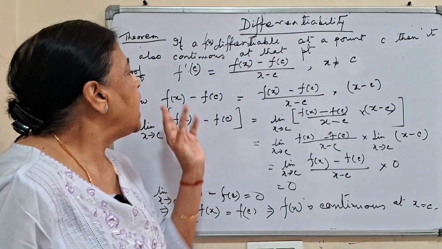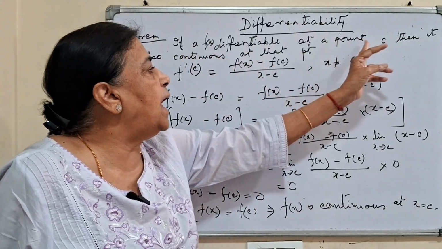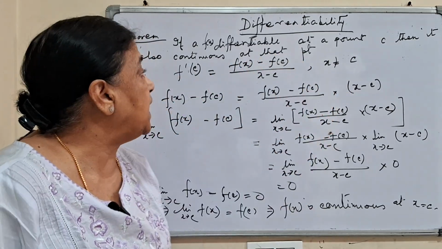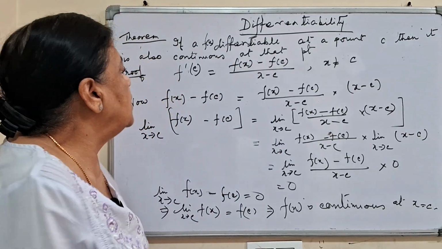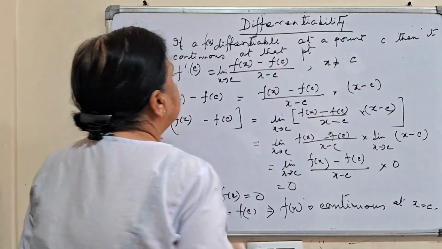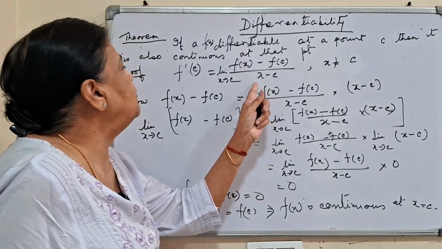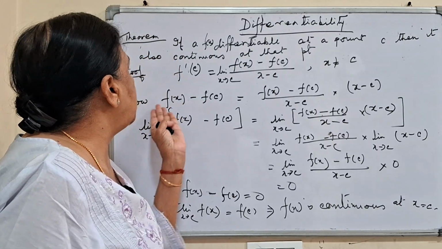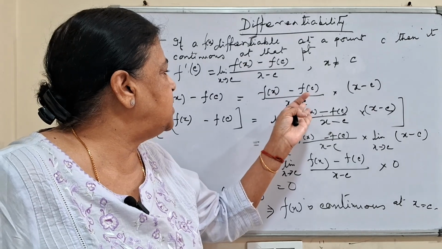Now the second theorem says that if f(x) is differentiable at point c, then it is continuous at that point. Now f dash c is equal to limit x tends to c, f(x) minus f(c) divided by x minus c, x not equal to c.